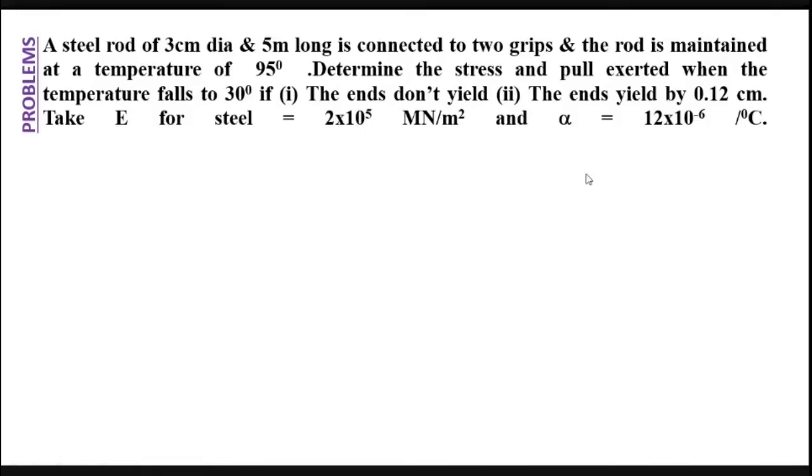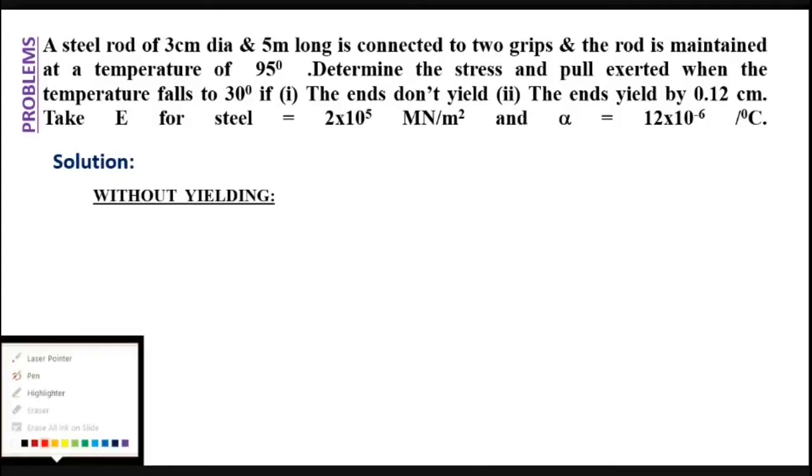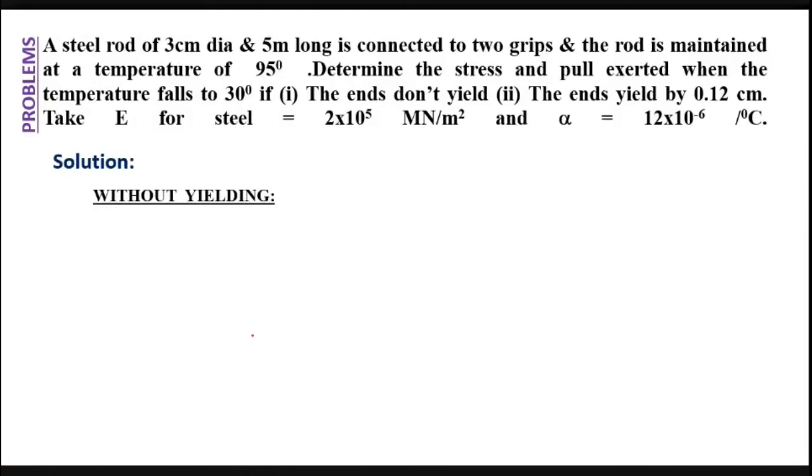Okay, so now let us consider the first step. We consider without yield condition. This is easy. The first thing is we have to identify, for the formula, what is del T. That is important. Del T, let me consider, is T2 minus T1.